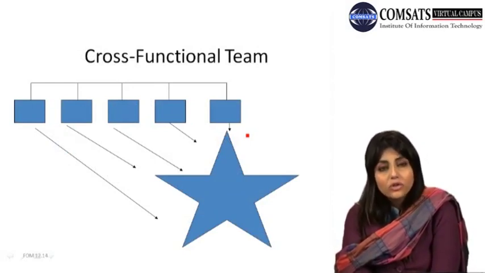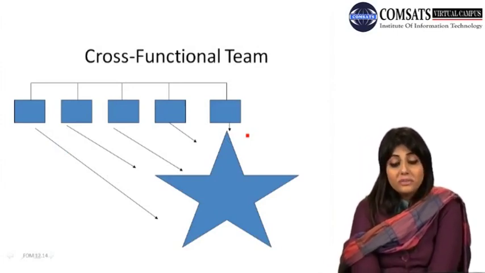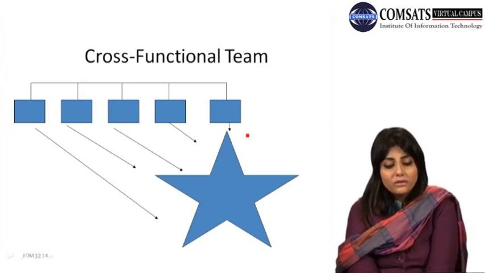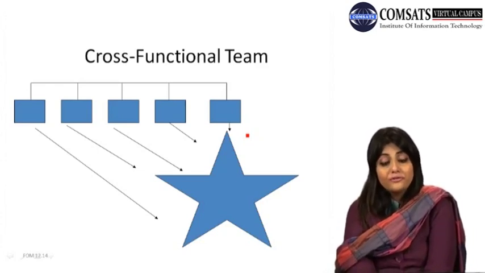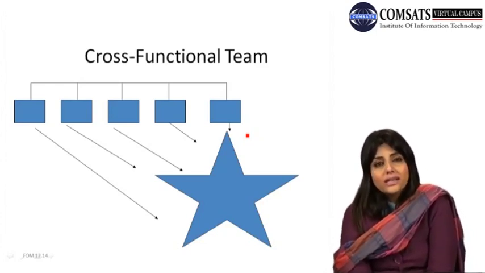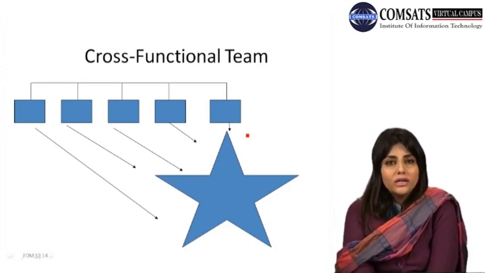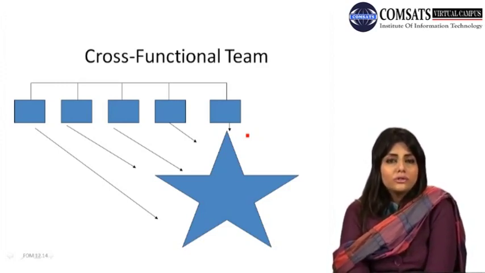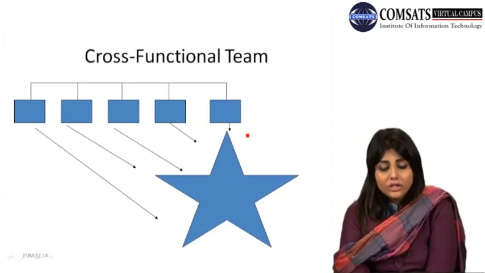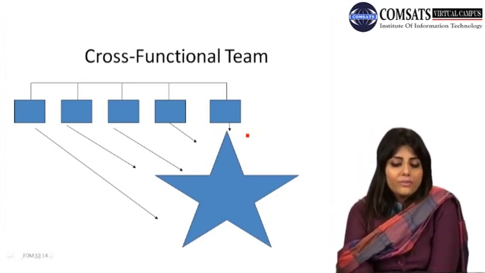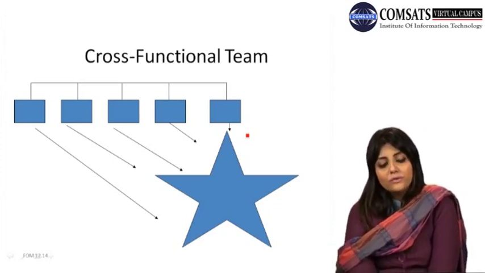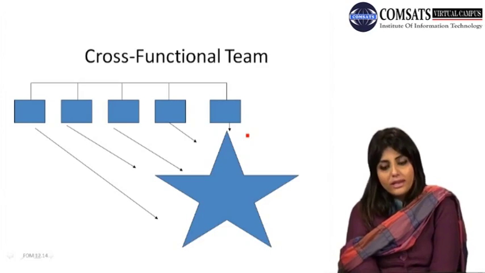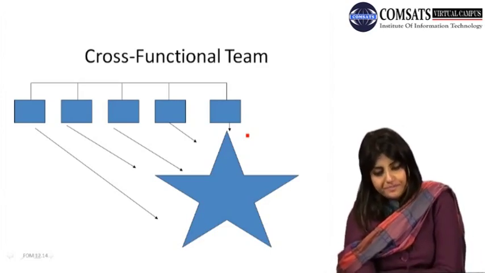Then we had a discussion about cross-functional teams. As we can see from this figure as well, the star shape is a team that you have formed, and different arrows coming from the different boxes indicate that those boxes are different functions in the organization, such as the R&D function, the HR function, management operations, sales, auditing, etc. There can be a number of different functions in different organizations, and when people from all these different functions come together, they form a team.